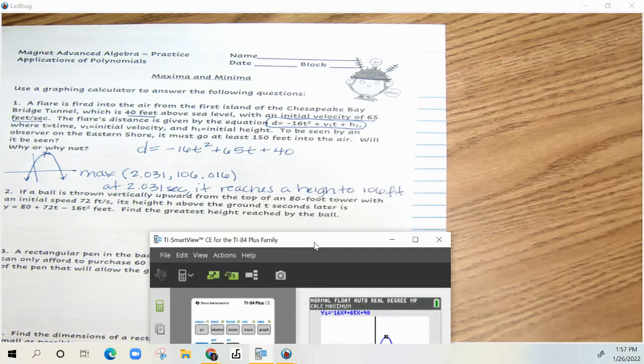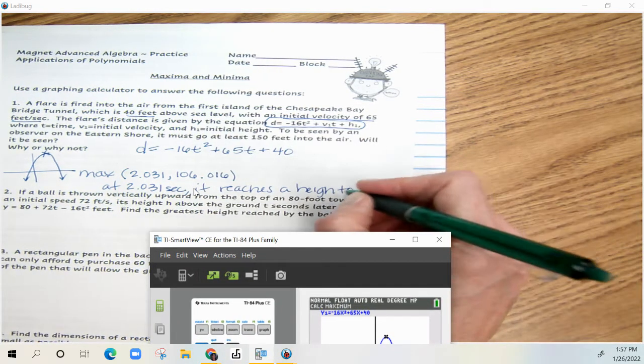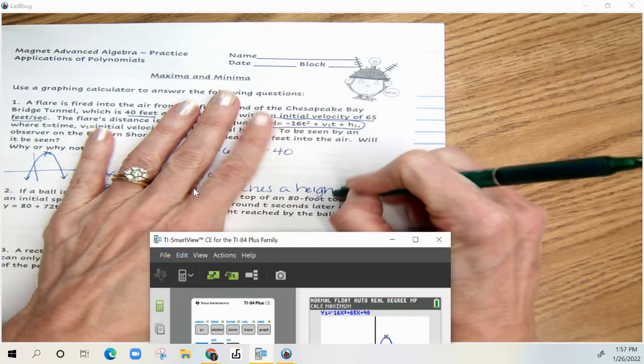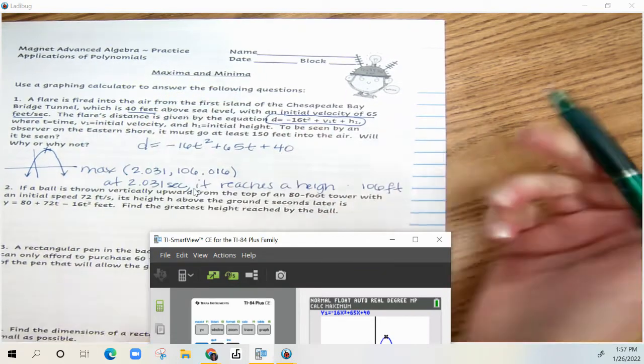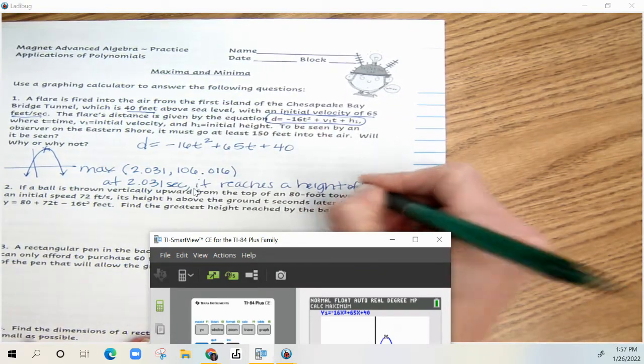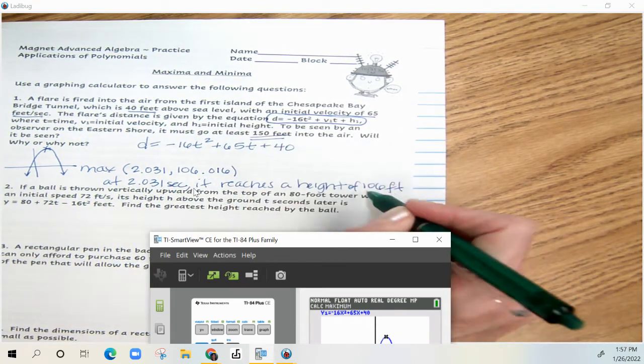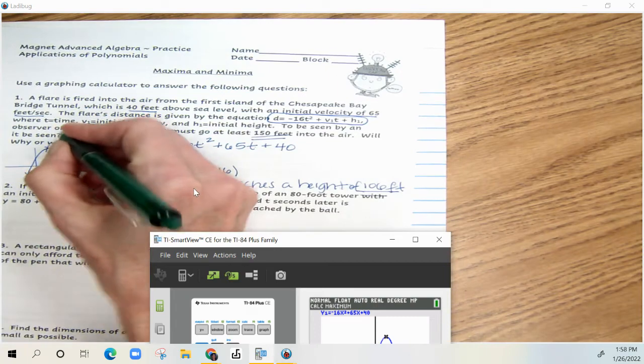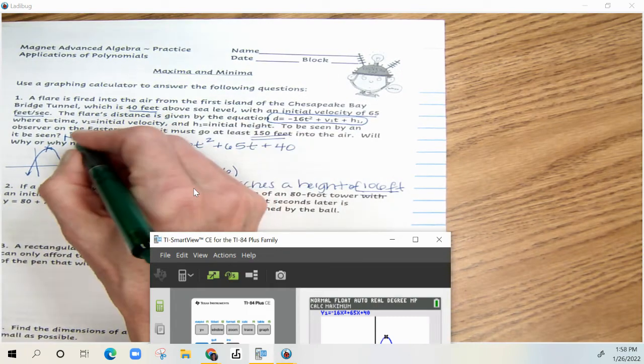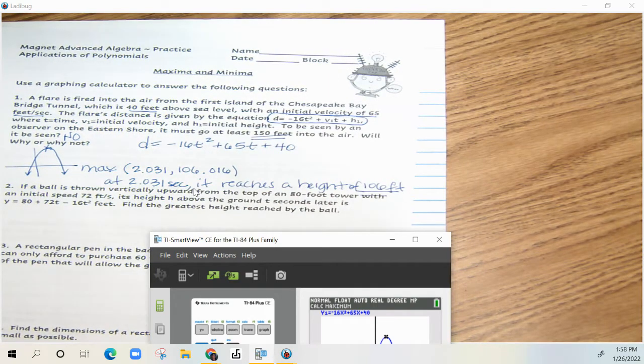So remember, it said that it needed to reach a height of 150 feet. This reaches 106 feet. So will it be seen? No, because it only goes 106 feet.